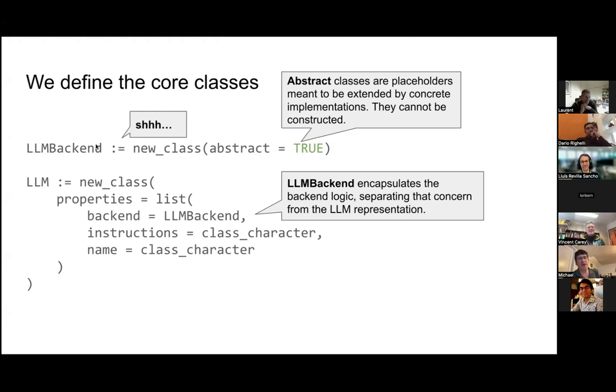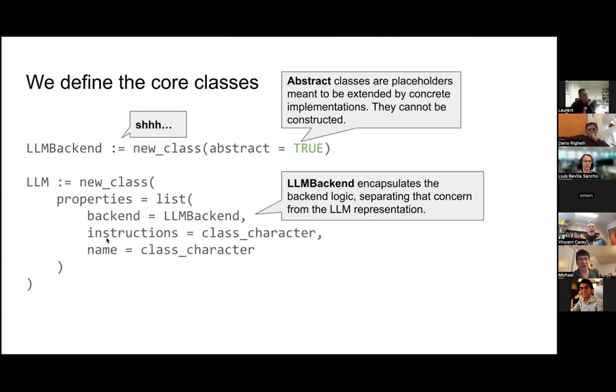So anyway, LLM backend is a new class. We support abstract classes. And then we can have our LLM or our model object that points to this backend, which might be like an OpenAI service or something like that. This is how you would do something like this.